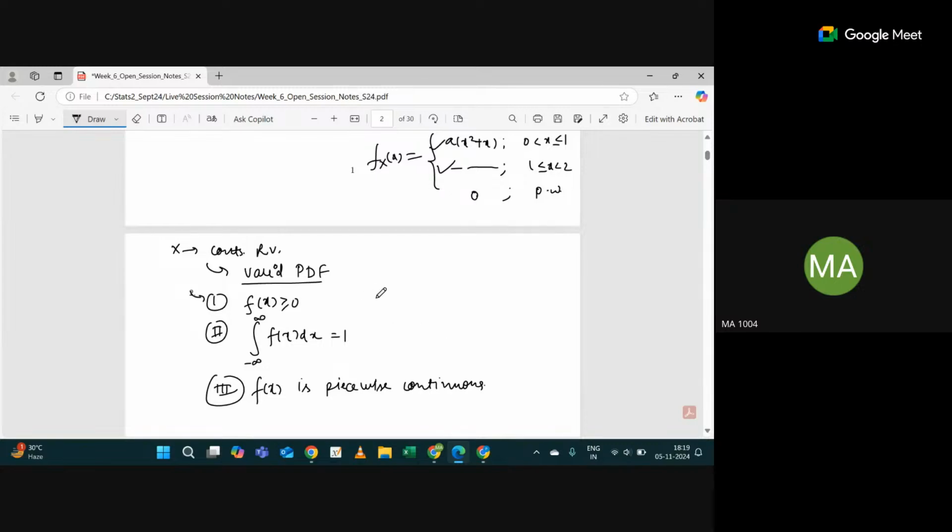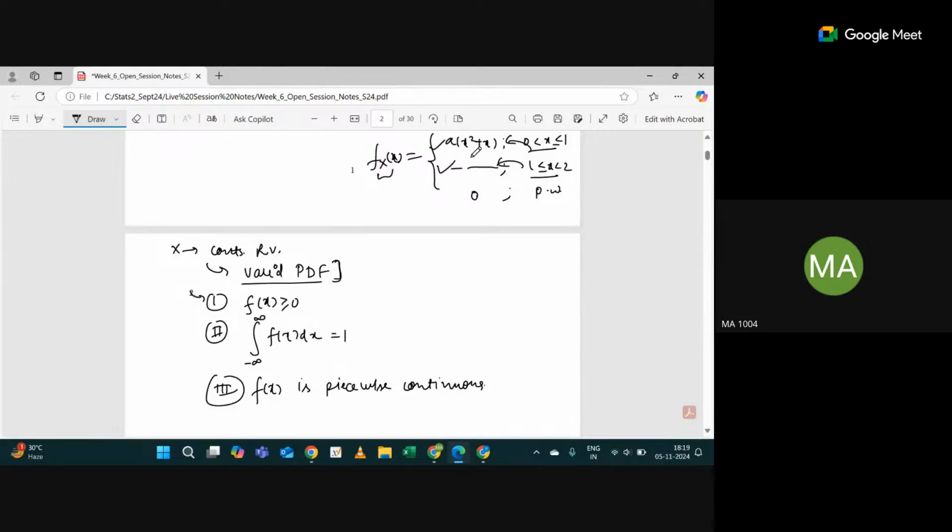Here I'm talking only about checking the validity of a probability density function, whether it is a valid PDF or not. Suppose X is a continuous random variable with this PDF: for this support a x square plus x, and for this support, let's say x cube plus 2x, just hypothetically. So whether this is a valid PDF or not, that's the case.